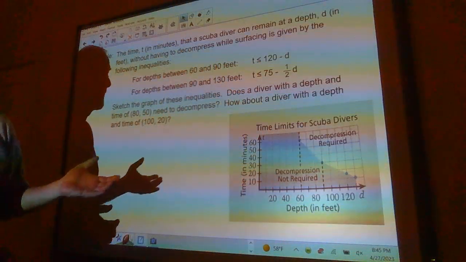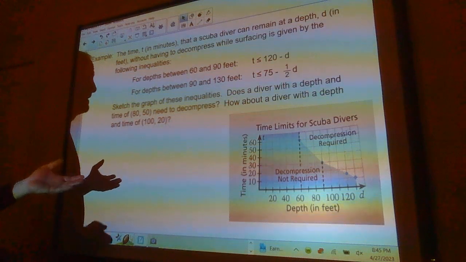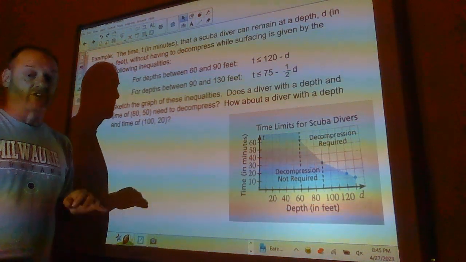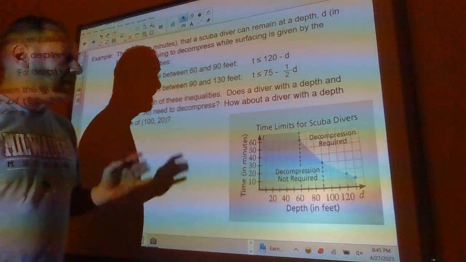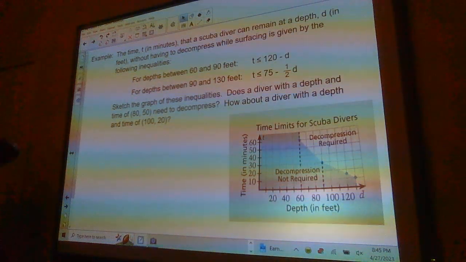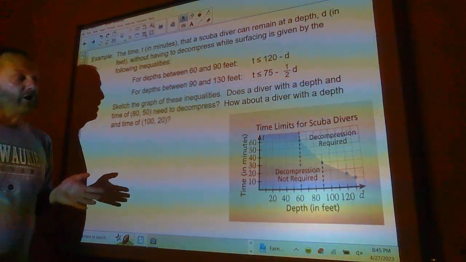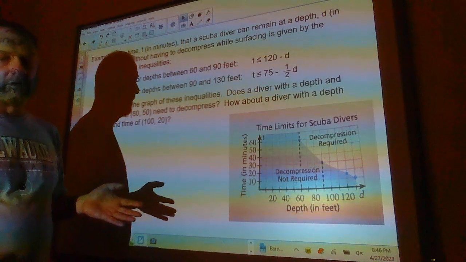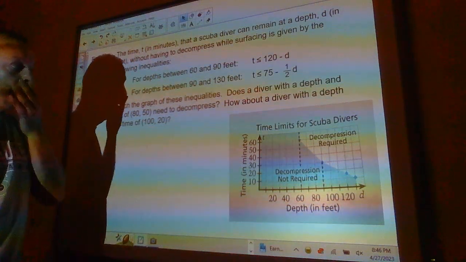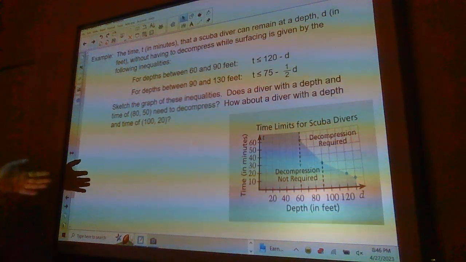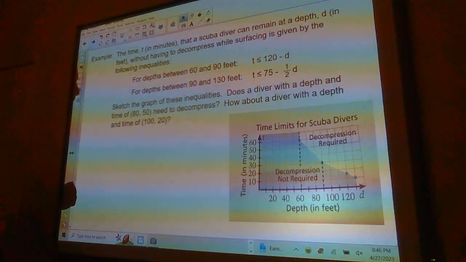That's what would happen inside your veins. That's called getting the bends, and it's extremely dangerous. It's very painful, okay? So there's actually equations for how long you can be underwater and how deep you can be underwater for certain lengths of times before you have to decompress, okay?